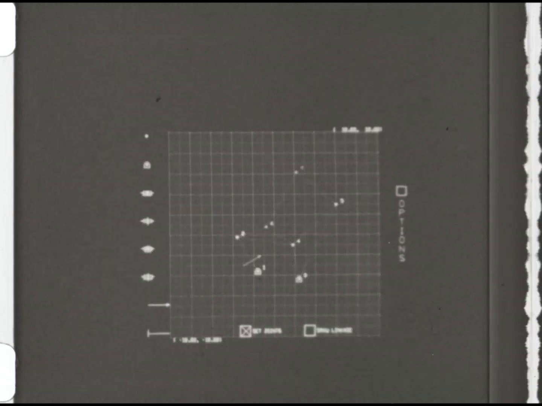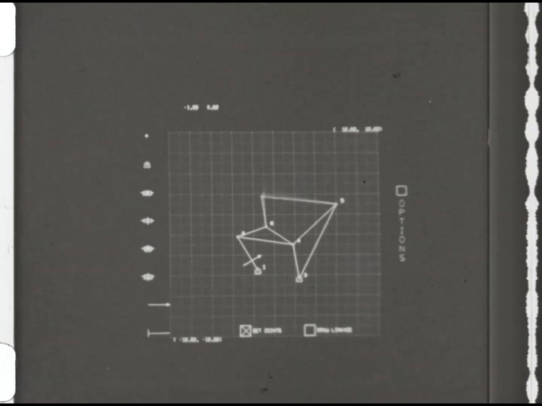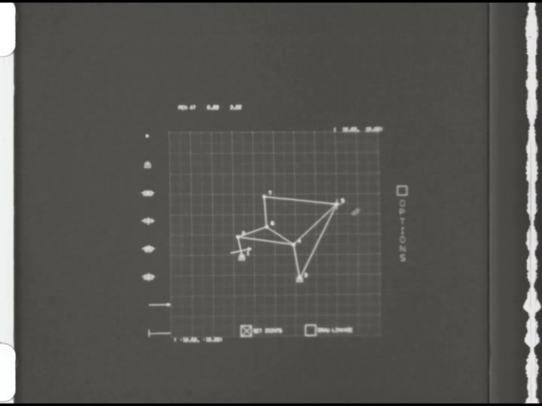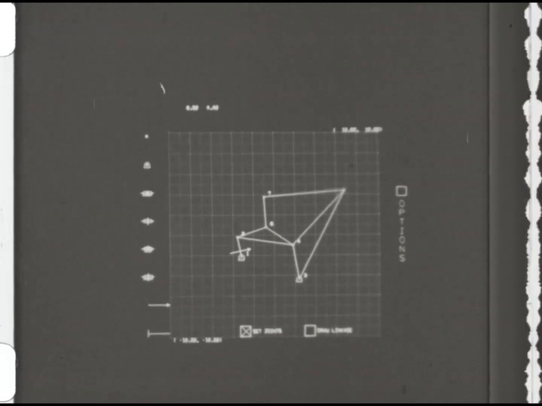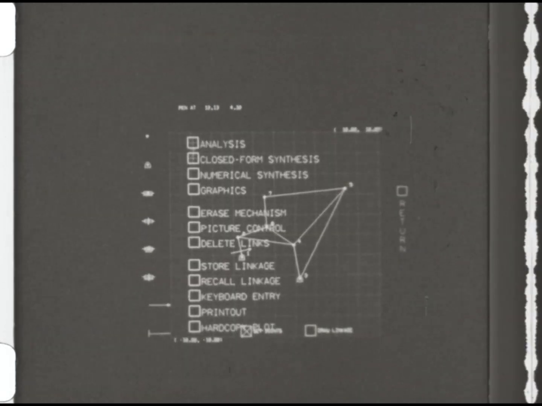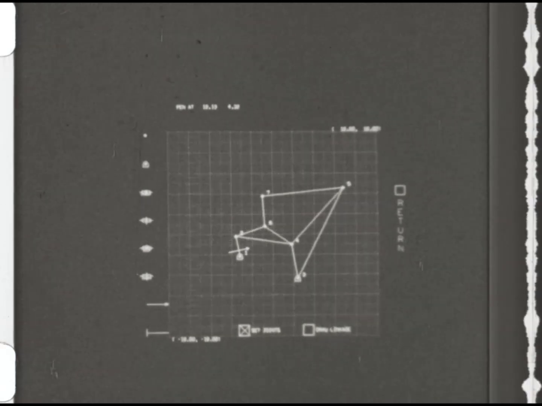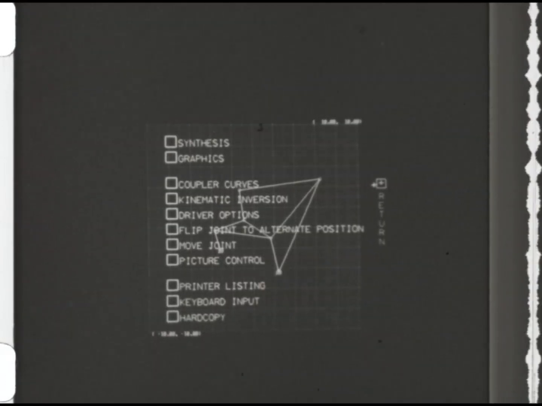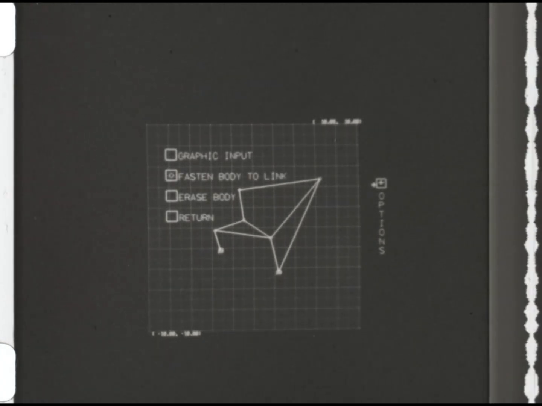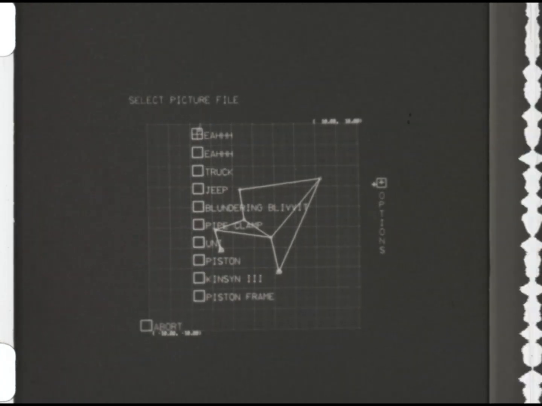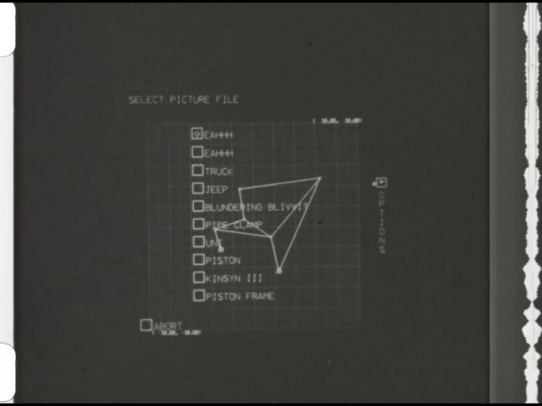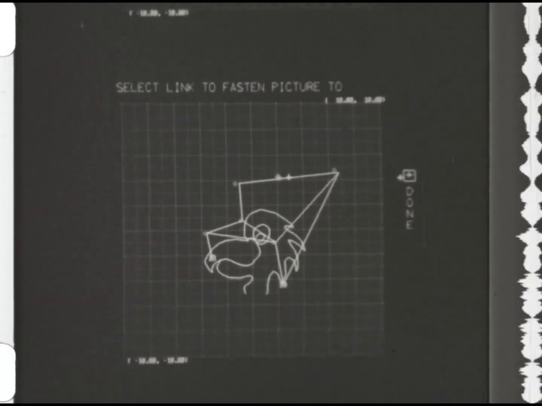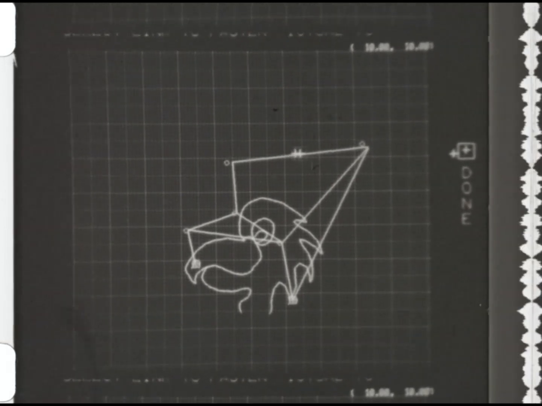We can go to the analysis part of the program. And we can hook our picture onto the mechanism. So there we'll take that picture and we'll fasten it onto the mechanism, and we'll see how the mechanism moves that picture around.